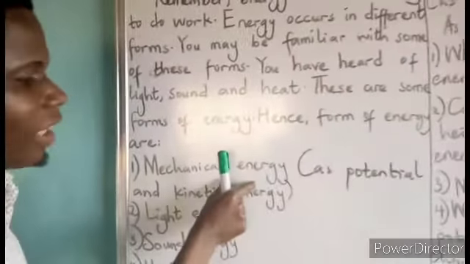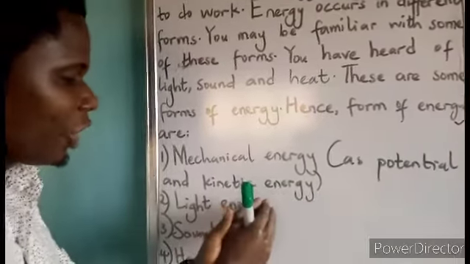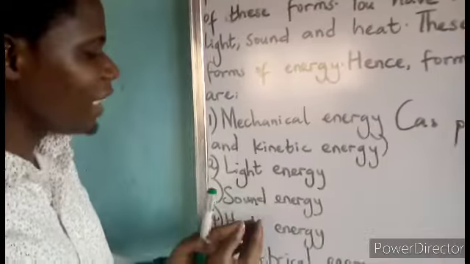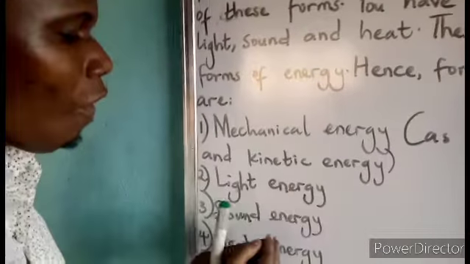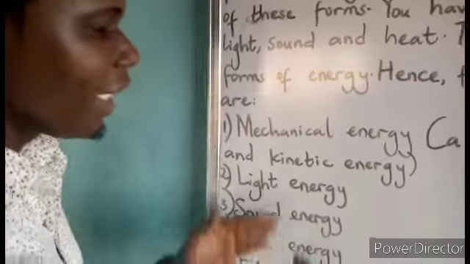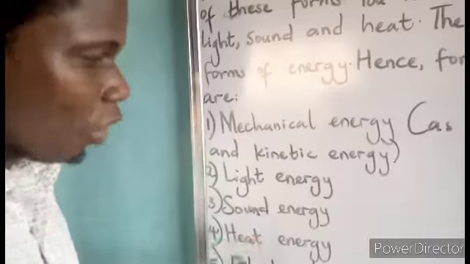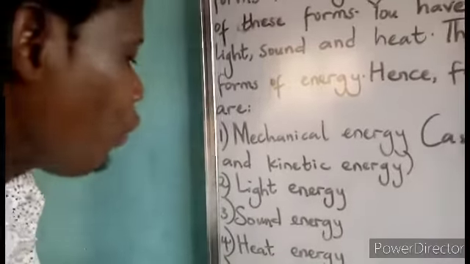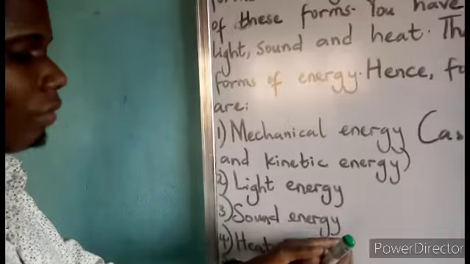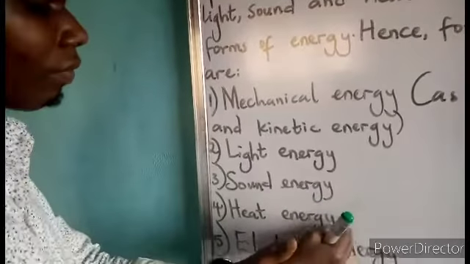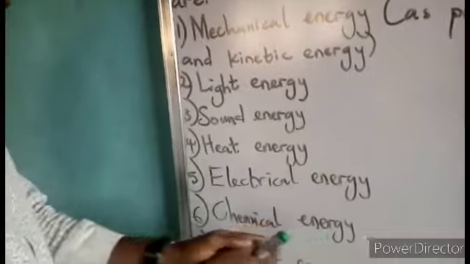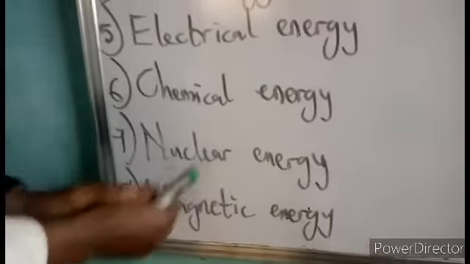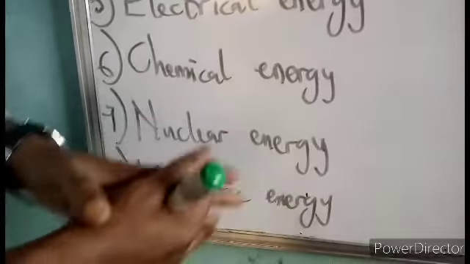Now another form of energy is light energy. Do not worry, each of these energy will be explained one after the other. We also have sound energy, heat energy, electrical energy, chemical energy, nuclear energy, and magnetic energy.